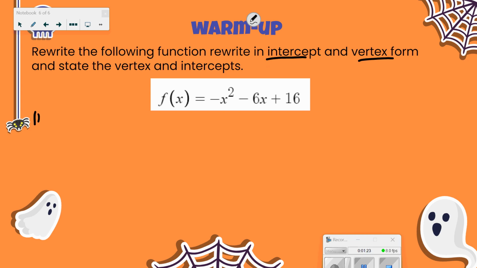So if I want to write in intercept form, what's our process to get into intercept form? What does intercept form always look like? What does it look like, Yalda? It has the x and... That's vertex form. Oh, intercept form? Yeah.